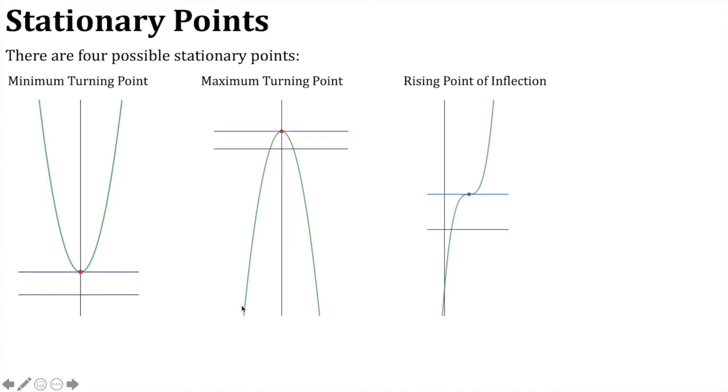The same here, it was increasing then decreasing, but here, like I've said, it's increasing and continuing to increase. And lastly, we can have a falling point of inflection, where the curve is decreasing and then continuing to decrease.